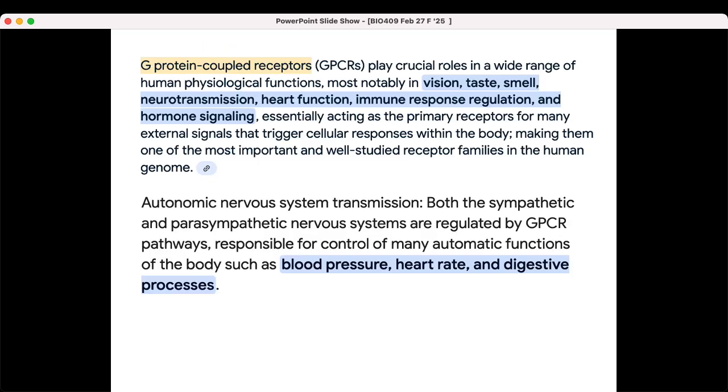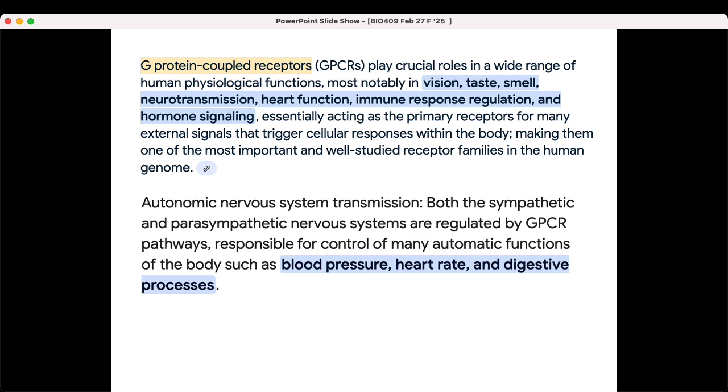So these G protein coupled receptors are far more famous than the receptor tyrosine kinases. We really focus on receptor tyrosine kinases because they're often involved in cancer biology, and they're super important. But G protein coupled receptors are unbelievably significant in our lives. We're talking about a class of receptors that all work the same way, basically. Look at this list of stuff that they're in charge of.